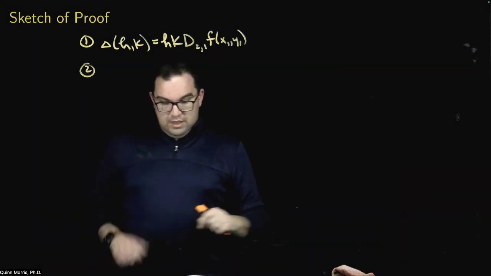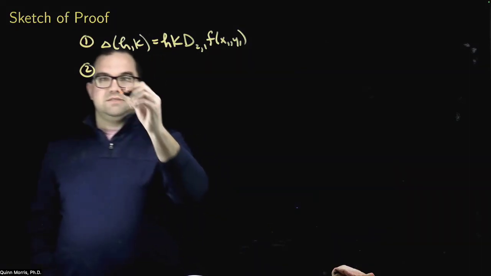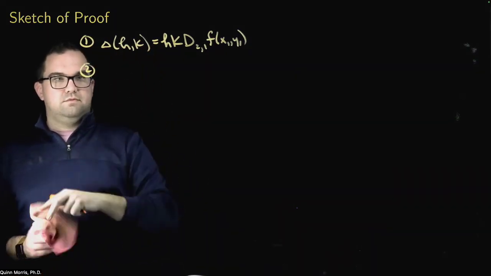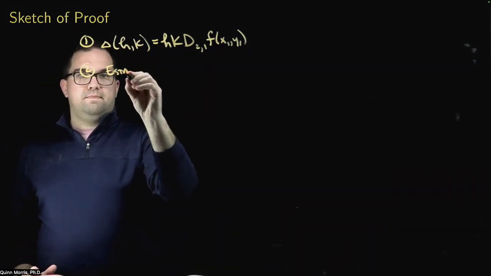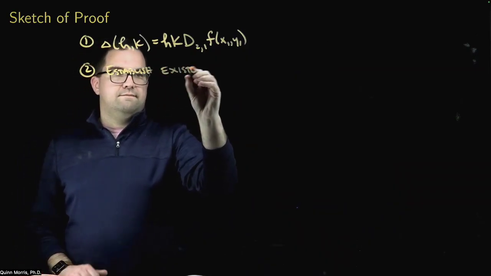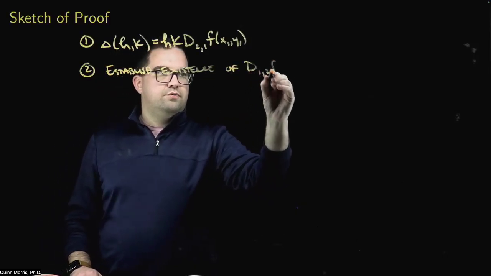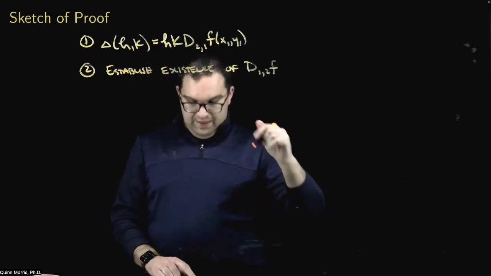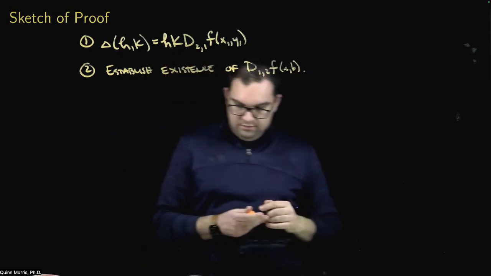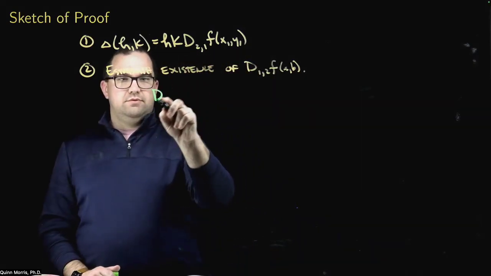To give you some idea, we have to go back and say, what we need to establish is the existence of D12 of F at AB. Just to give you some sense, you write out what this is.